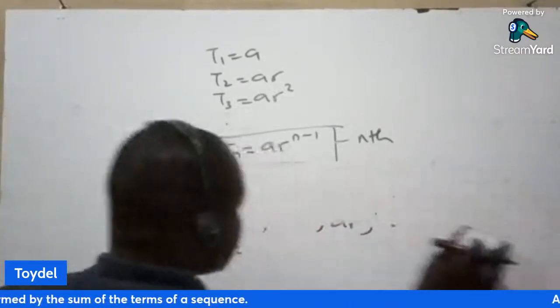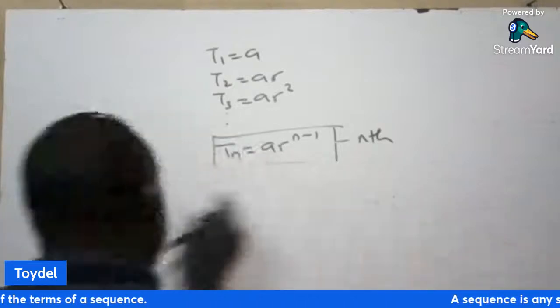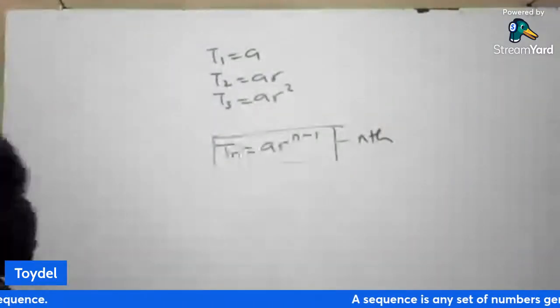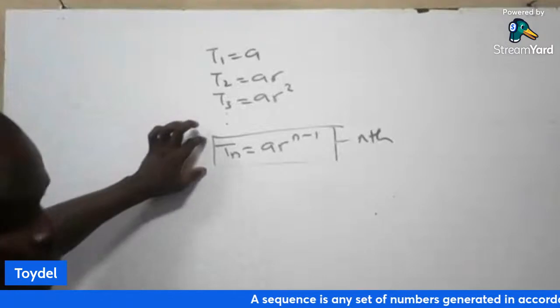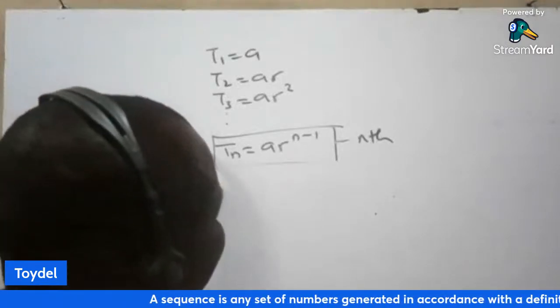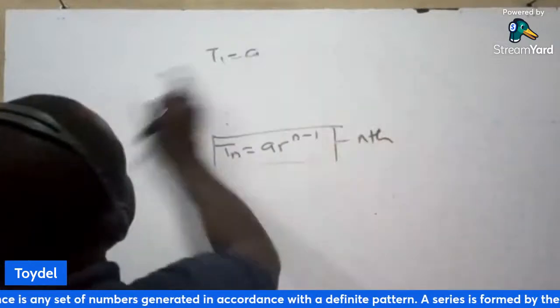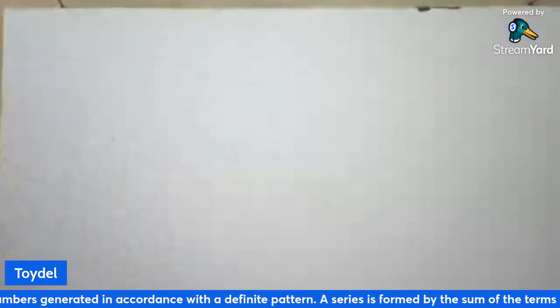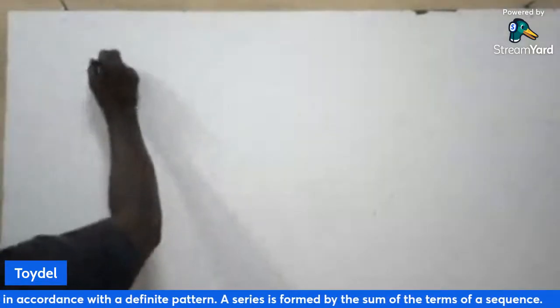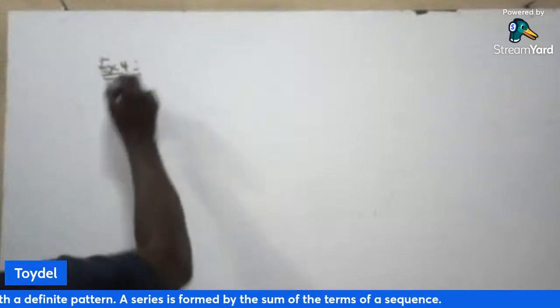Of course, we've given the formula to find the nth term or last term of an arithmetic progression. In this case now, it is an exponential sequence, and this is the formula to find the last term or nth term of a geometric progression. So let's take one example under this. Example 4.